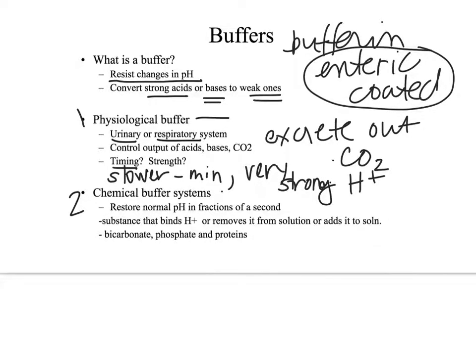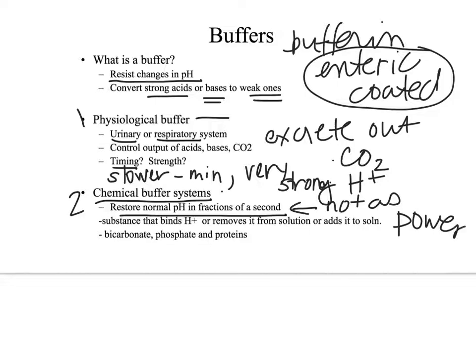Now our chemical buffer systems work really, really fast, but they're not as powerful. What they do is convert a hydrogen ion into another substance. They bind it or remove it from the solution and add it to something else. So they're moving it around, not actually getting rid of it.